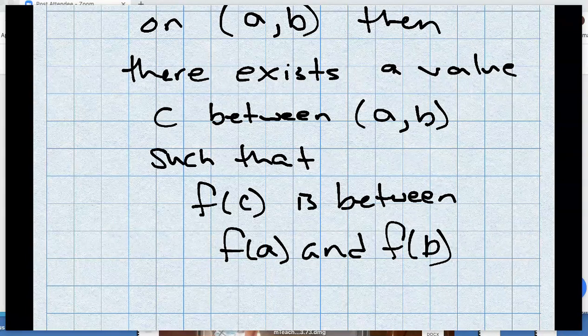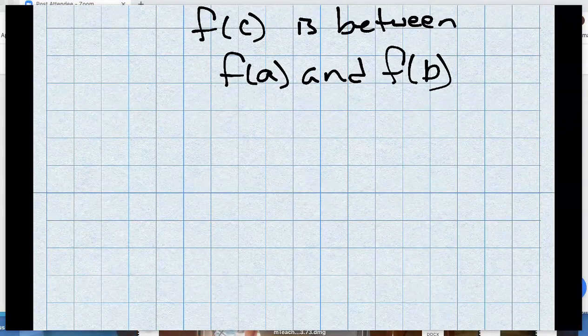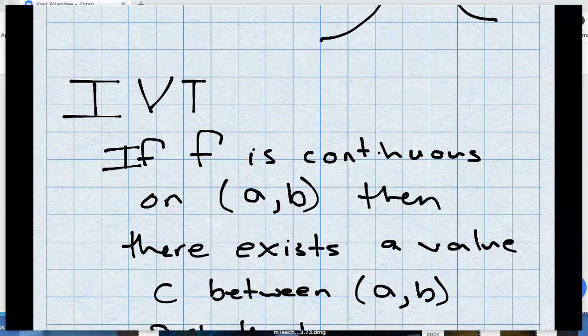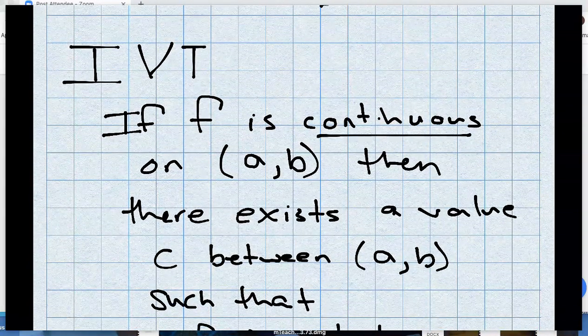So the idea behind this is that if we have a graph that's continuous, that's the stepping stone. If you don't have a graph that's continuous, the intermediate value theorem doesn't work. If it does work, then, as we talked about in class, every y value between f of a and f of b is going to be hit.